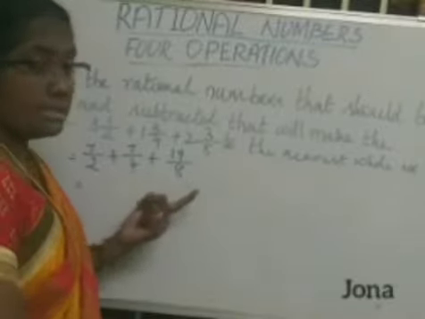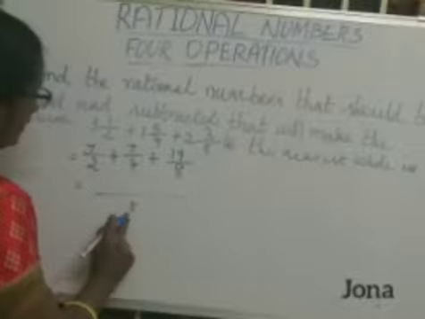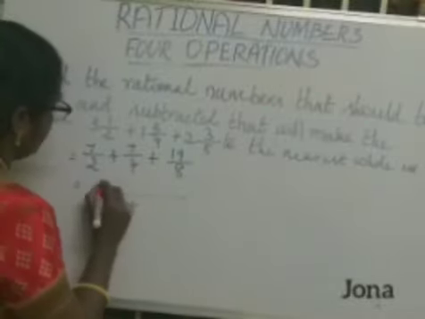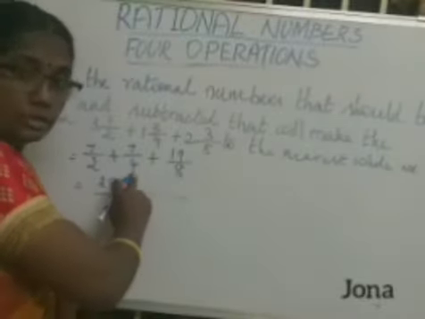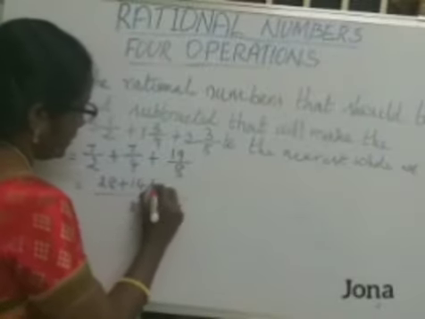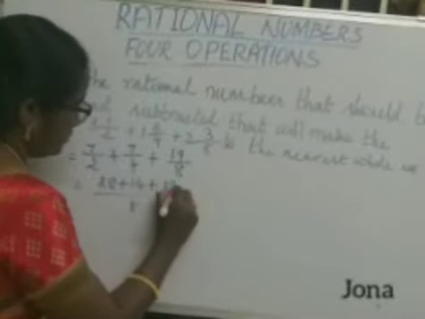The LCM is 8. Take 8 here. In 8, how many 2s are there? 4 times. So 4 7s are 28, plus in 8, how many 4s are there? 2 times. So 2 7s are 14, plus in 8, how many 8s are there? 1. So 1 into 19, 19.